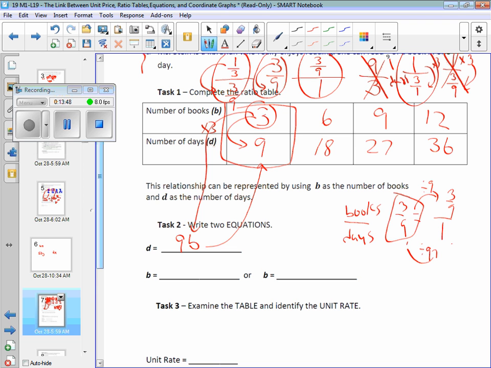What times B makes 9? Let's see if it works. D equals 3B. I'm going to pick my value for B. Substitute it in. 3 times 3 is what, Chris? Equation is good. And I'll rewrite it so you can see it. That's our winner.